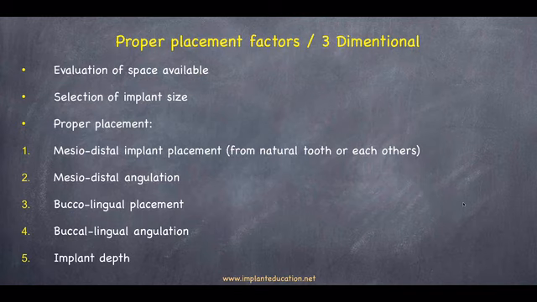That was the restorative space. Now we will move to the second topic, which is proper implant placement. Of course, you can always take impressions, send them to the lab, and the lab will do a diagnostic wax-up for you. From that diagnostic wax-up, you can order a lab-fabricated surgical guide, or you can do computer treatment planning, virtual planning, if you will, and then order a computer-generated surgical guide or surgical stent.